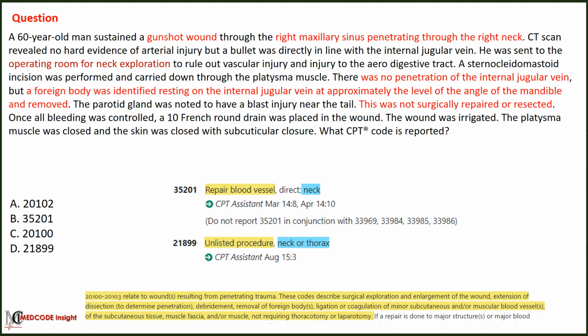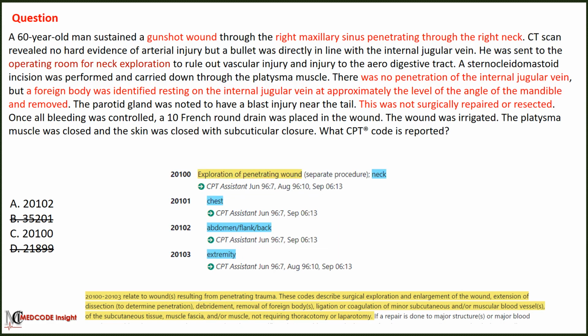Based on this guideline, we will eliminate option B, which uses code 35,201, which is used for the repair of blood vessels, as there is no evidence of artery injury to the neck. We will also eliminate option D, which uses code 21,899, which is used for the unlisted procedure for the neck or thorax, as no surgical repair or resection was performed.